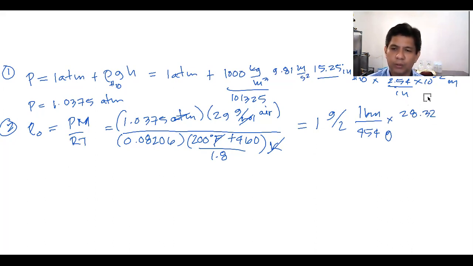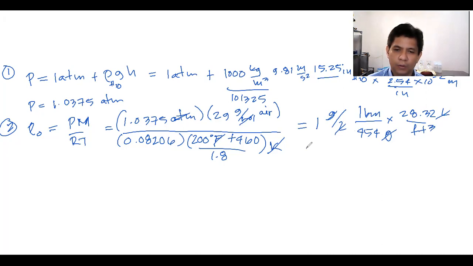28.32. This is liters per cubic feet. So the grams cancel out, and this will give you the pound mass per cubic feet density.